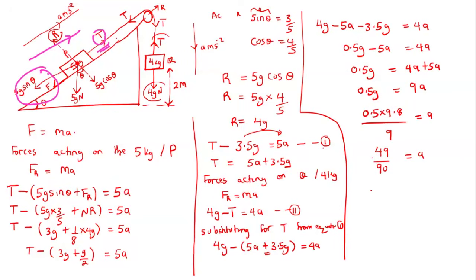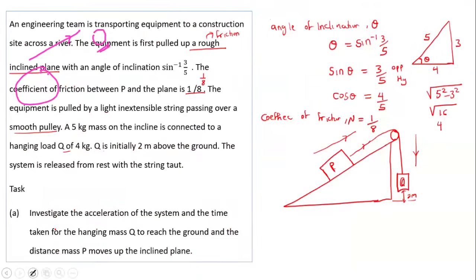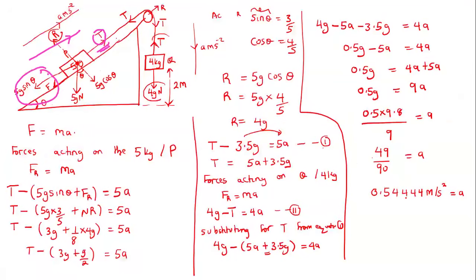I'll get my answer as 0.5444, and these are meters per second squared, and this is equal to our a. Because the item here had required us to investigate the acceleration of the system, the time taken for the hanging mass Q to reach the ground, and the distance. So here, this is going to be our acceleration.